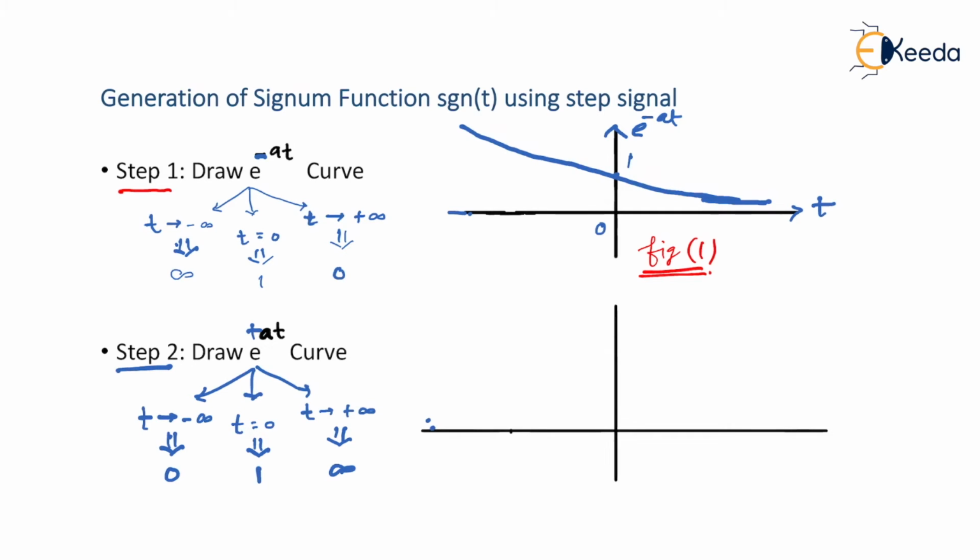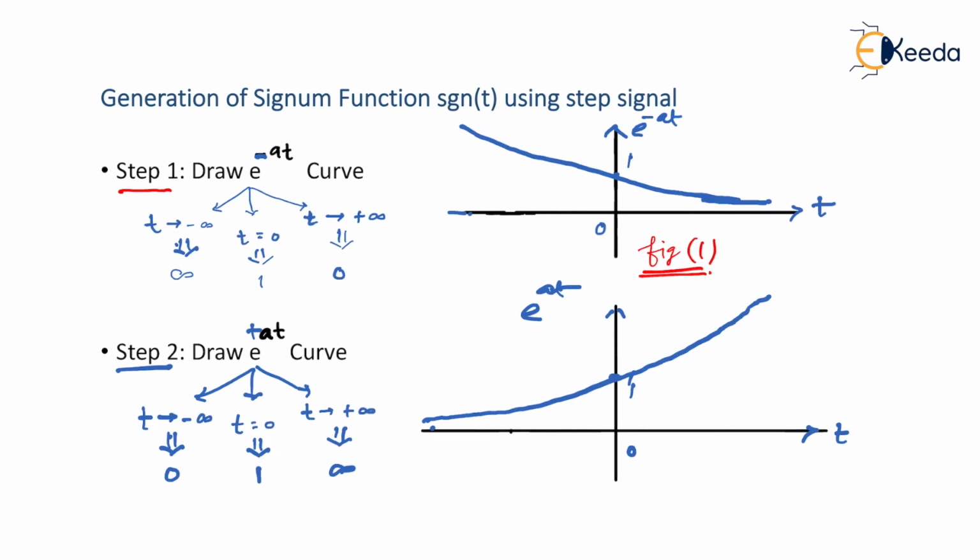So for minus infinity, I'm getting 0. For t equal to 0, I'm getting 1. And when t tends to infinity, it becomes infinity. So I need to join it like this, and it becomes this kind of curve. Here amplitude is 1. And this is the curve for e to the power positive at.